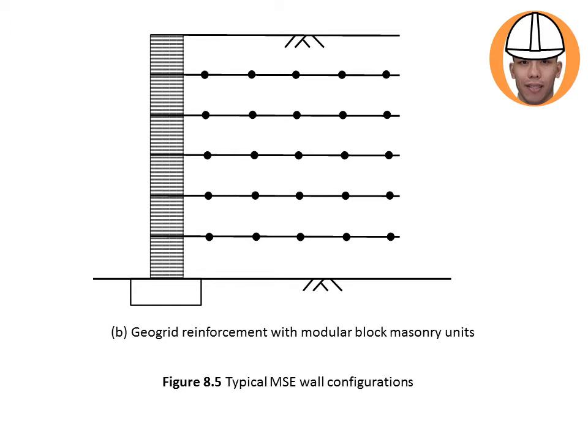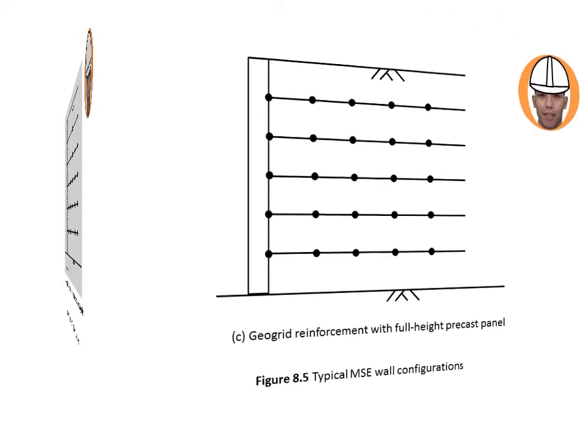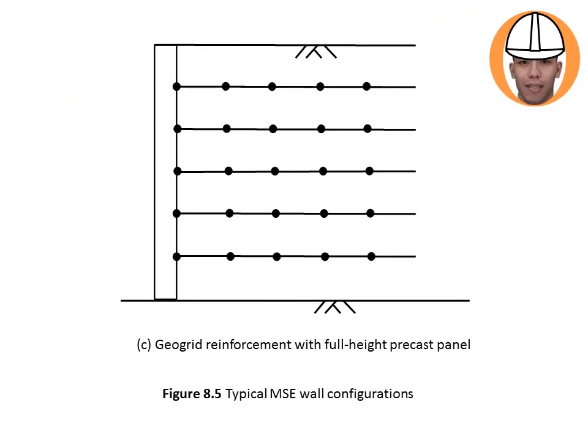So these are your geogrid reinforcement, and this is your masonry units as fasciae. And this is the example for geogrid reinforcement with precast panels.